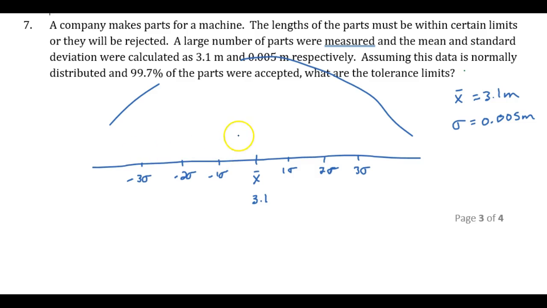So let's think about our lengths that go in here. And I'll just put our lengths here, 3.1, 3.105. So add on your deviation. Now we're going to go below, so what you need to do here is subtract it. So 3.095.